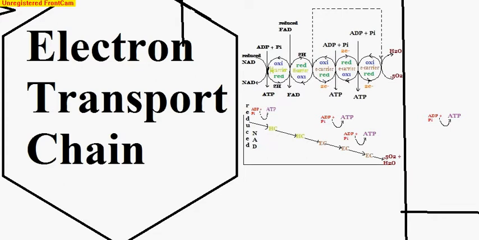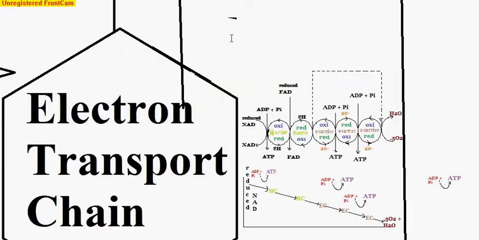So maybe we can write the equation here, so it becomes clearer. Hydrogen gives us hydrogen positive and gives us an electron. So that's what we get from this reduced NAD.